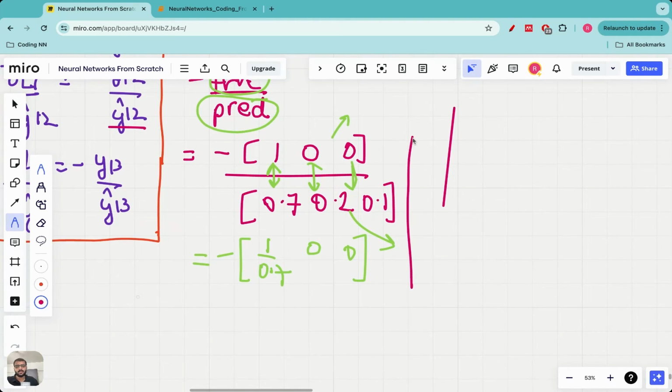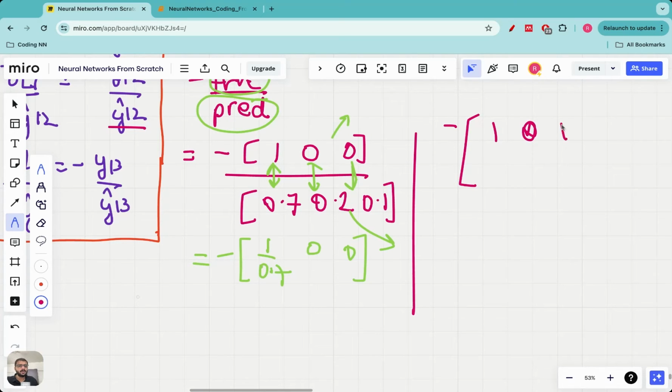let's say then the true values are 1, 0, 0, then 0, 1, 0, and 0, 0, 1. Then this will be divided by my prediction values.